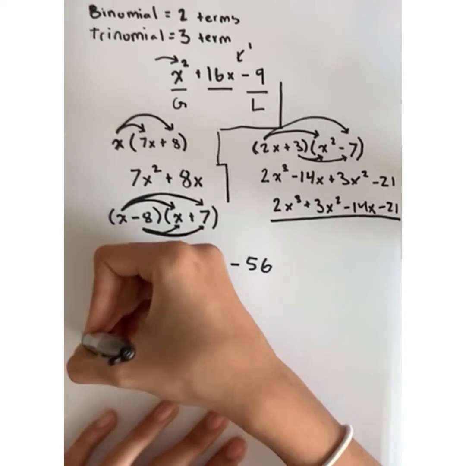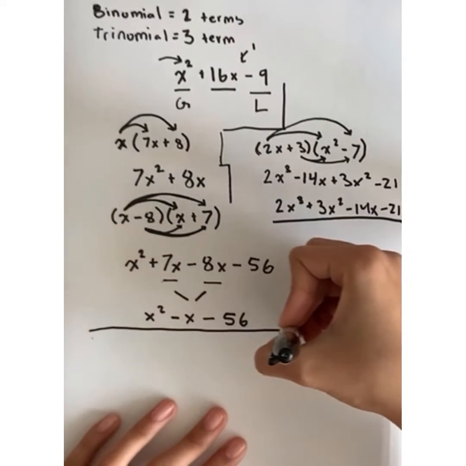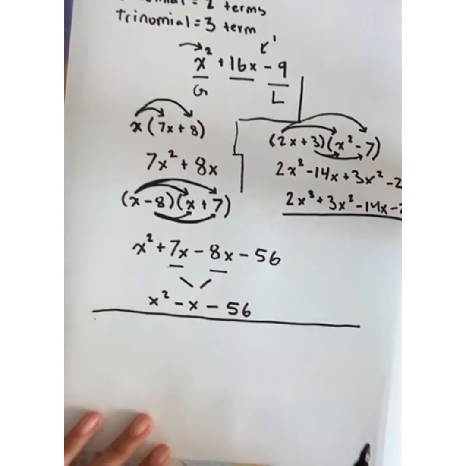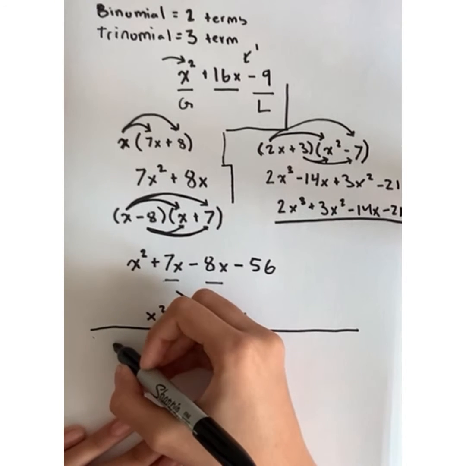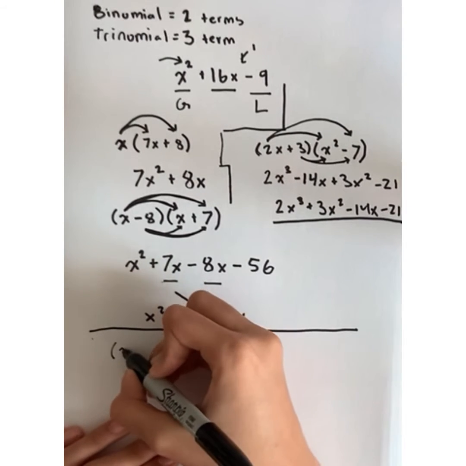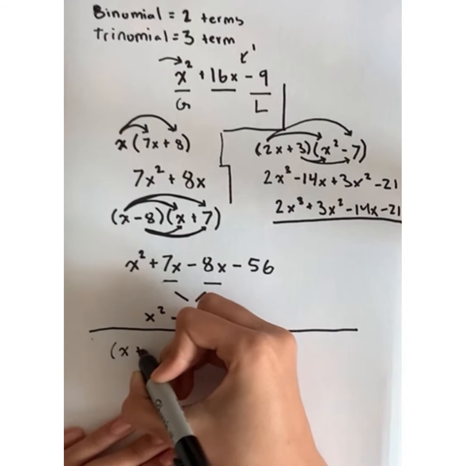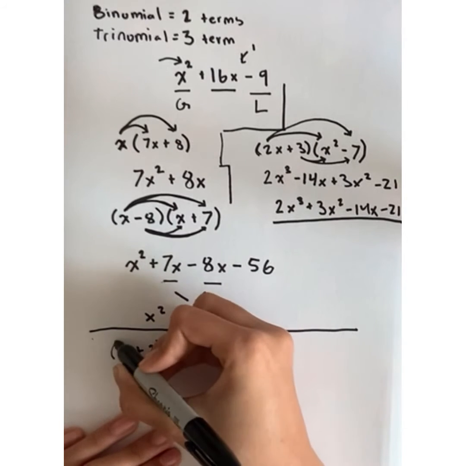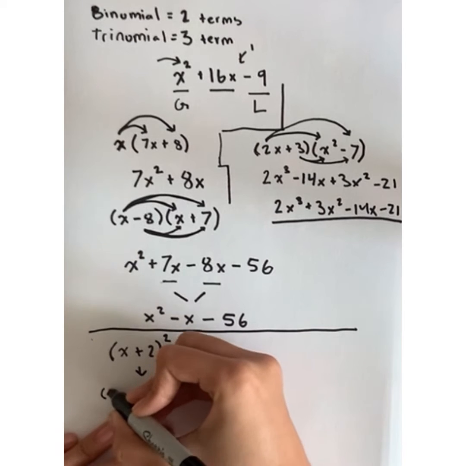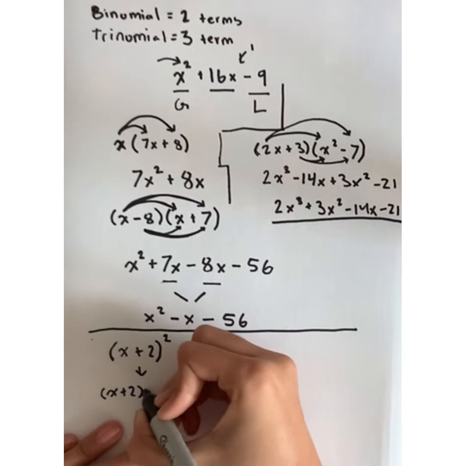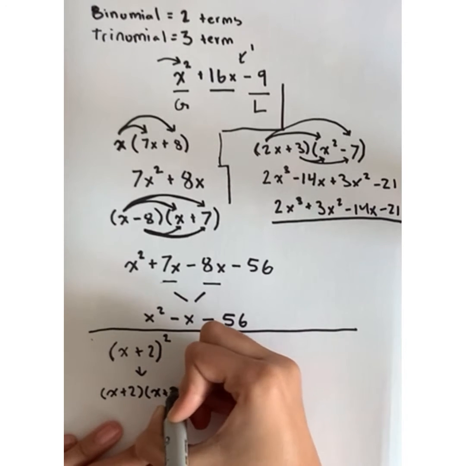Okay, so I'm just going to separate a little bit and talk about a couple of things. One, if you ever see something that looks like this, so let's say x plus 2 in parentheses, and then it's squared. That is the same thing as x plus 2 times x plus 2.